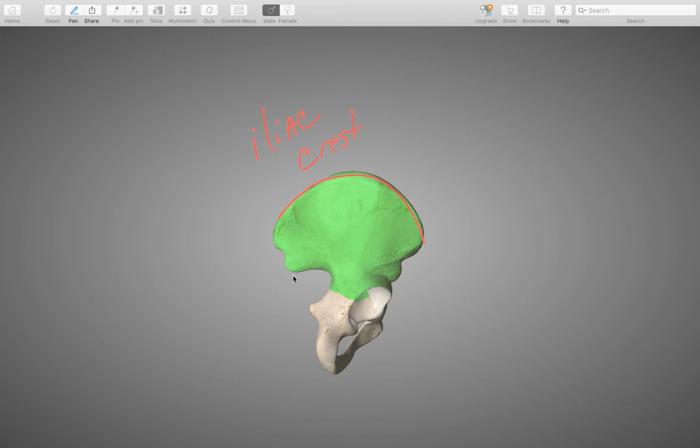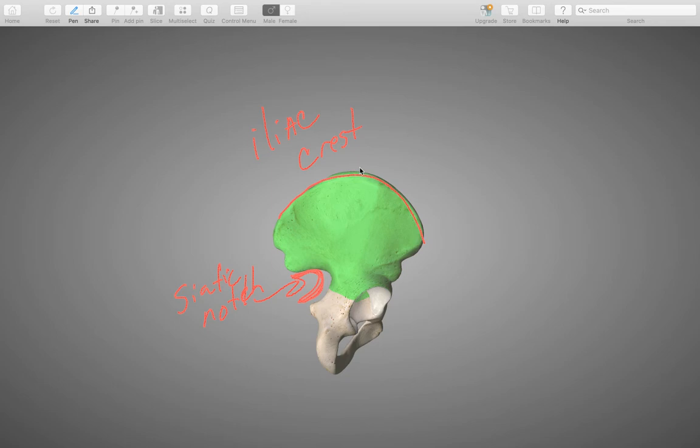We also need to know about this big notch over here. Remember, we had a notch in the axial skeleton when we talked about the mandibular notch. This notch is called the sciatic notch, and that sciatic notch deals with the sciatic nerve.